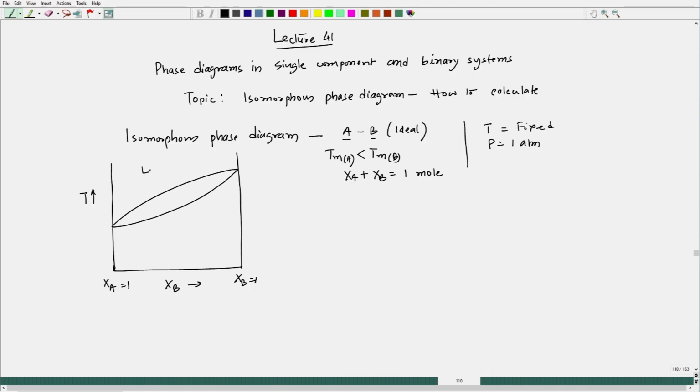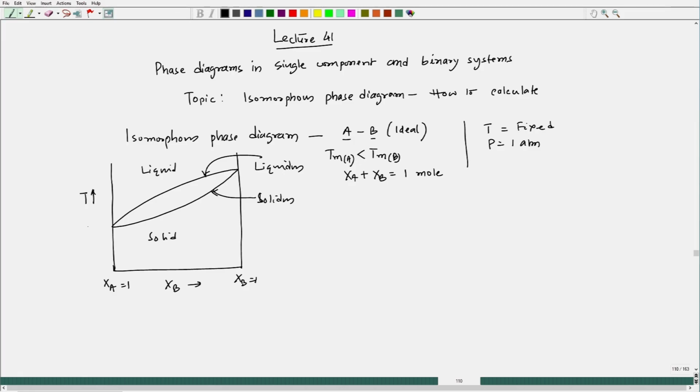Where this is liquid, this is solid, and this is solidus, and this one is liquidus. We have seen this diagram.